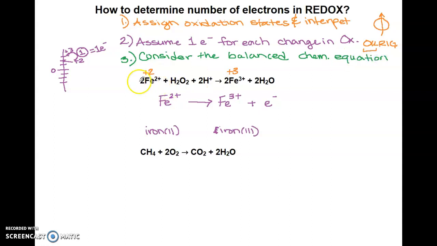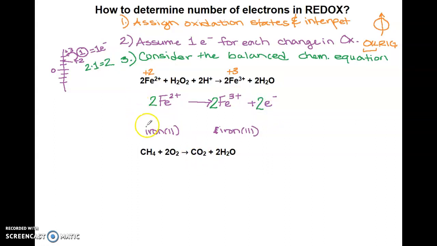So in that case, I see here that actually I had 2 iron 2+ ions, and therefore 2 iron 3+ ions that were created, and each of them lost an electron. So it's kind of like you want to multiply the coefficient you're dealing with by this number. So 2 times 1 equals 2. So this is then 2 electrons.